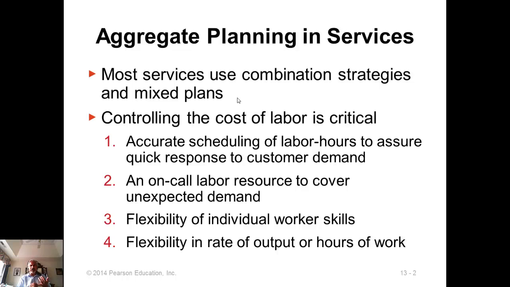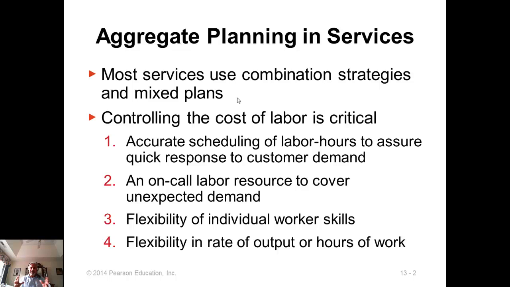So we have to schedule the labor hours, and we need to be able to quickly respond because we can't have inventory. So when the demand increases, we should be able to quickly schedule the necessary labor hours to meet the demand. So you need to have on-call labor for unexpected spikes in demand.